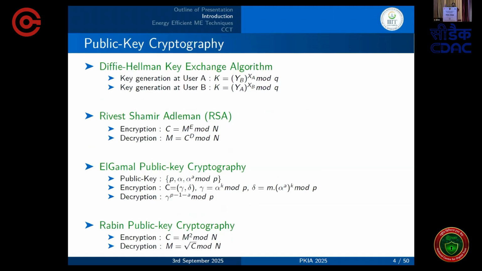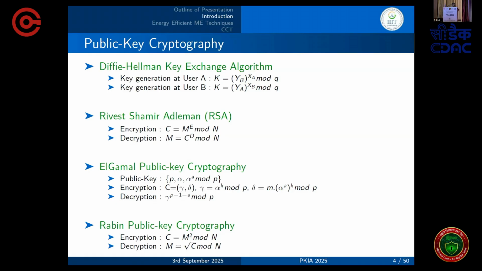If you look into each cryptography, mainly it has three operations: two cryptographic transformations, encryption and decryption, and one key generation. If we look into these three operations, in almost all public key cryptographic techniques, the fundamental and core operation is modular exponentiation.